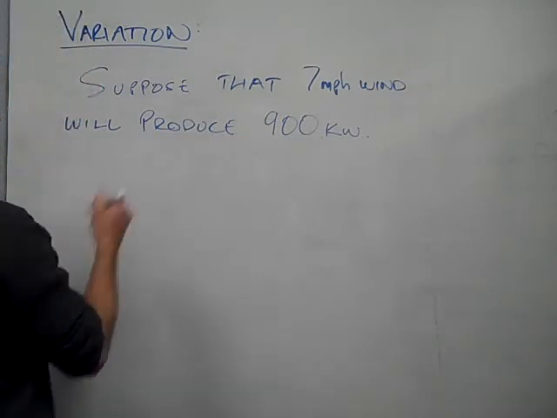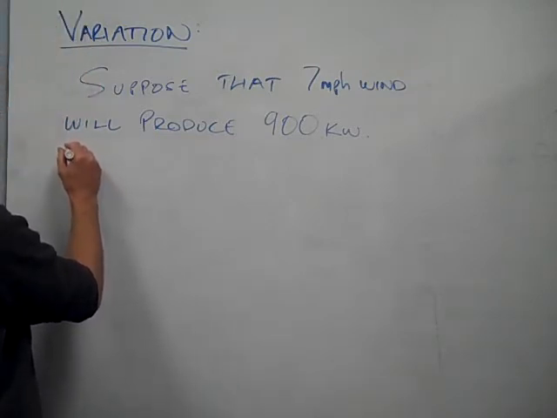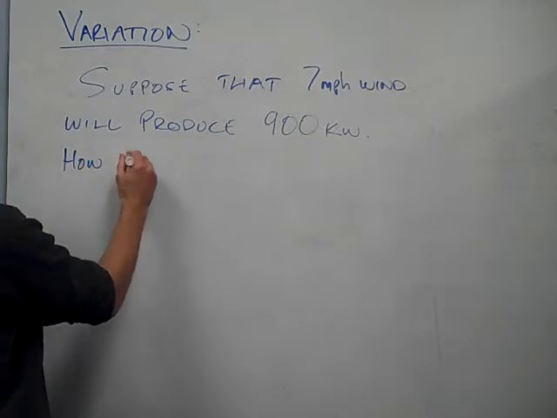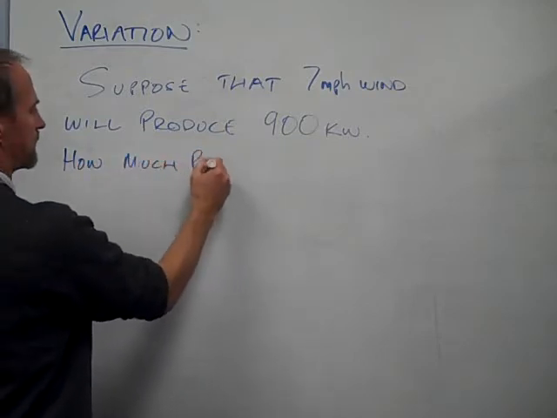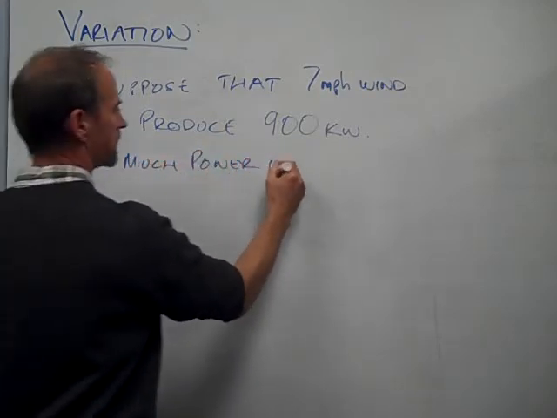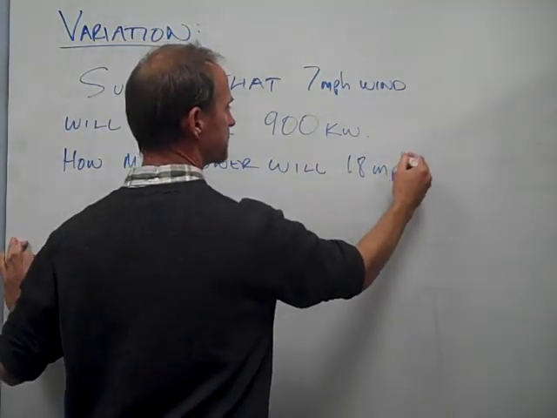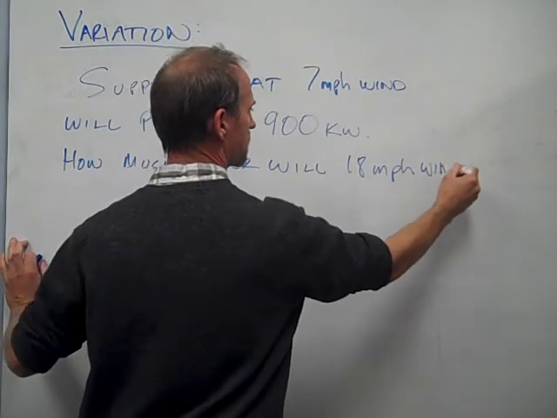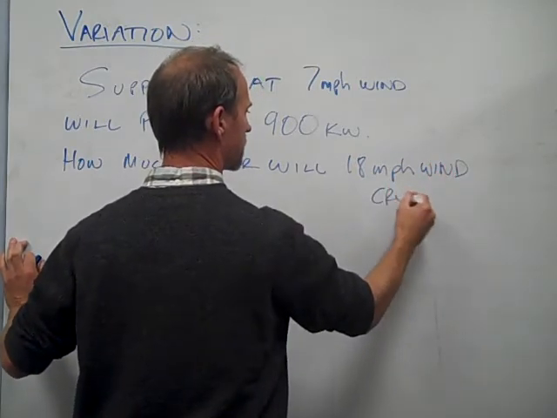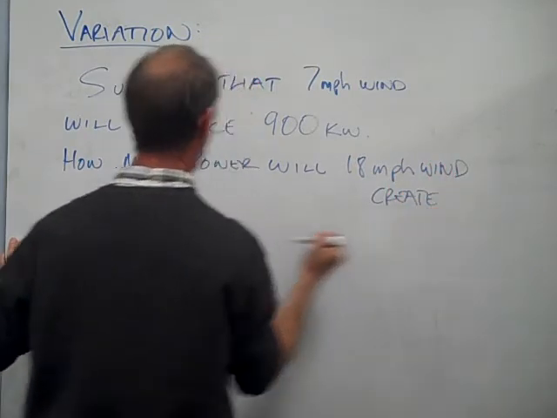All right? So then we're asked, how much power will 18 mile per hour wind produce? That's one question.